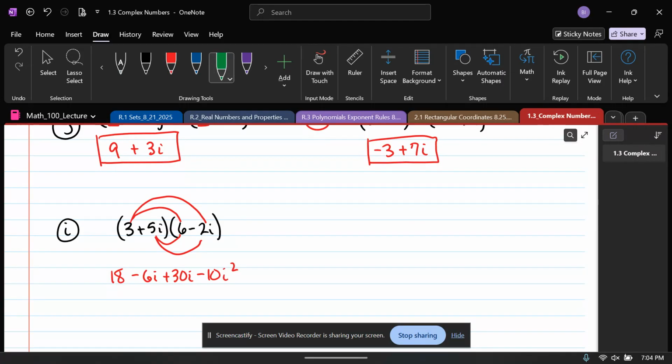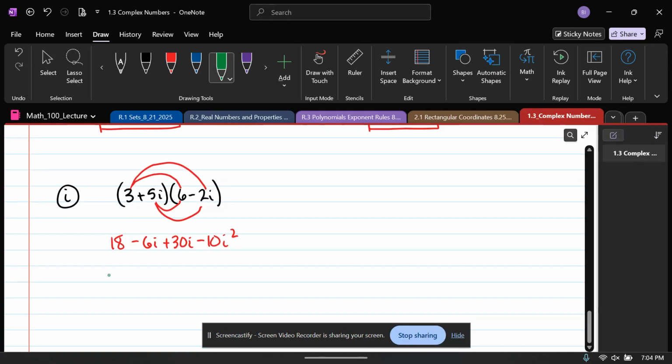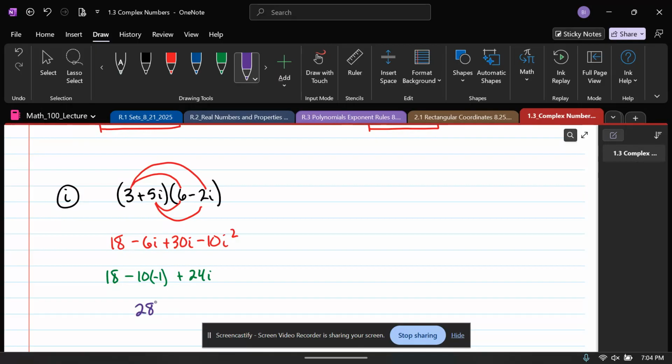This is where knowing i squared is really negative 1. So this is really 18 minus 10 times negative 1 plus 24i. That's 18 plus 10, which is 28 plus 24i.